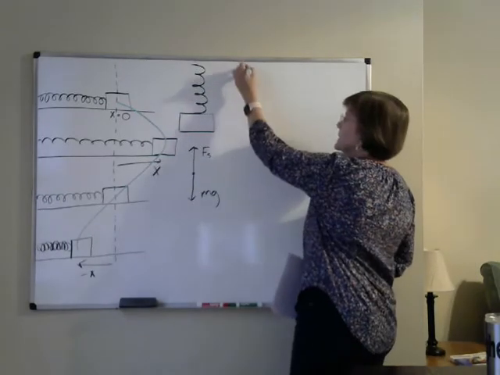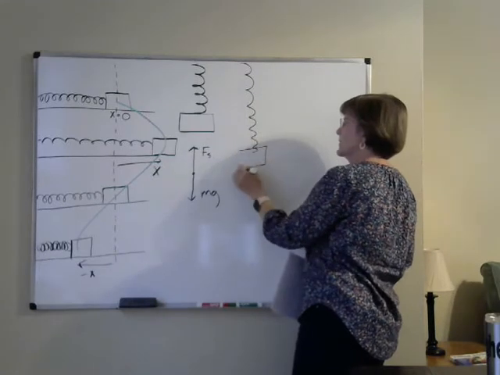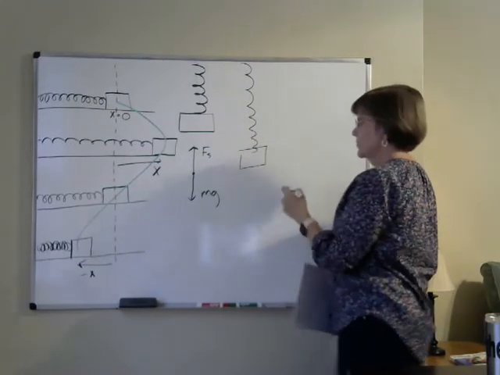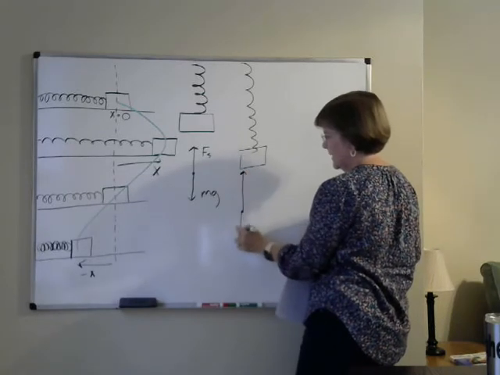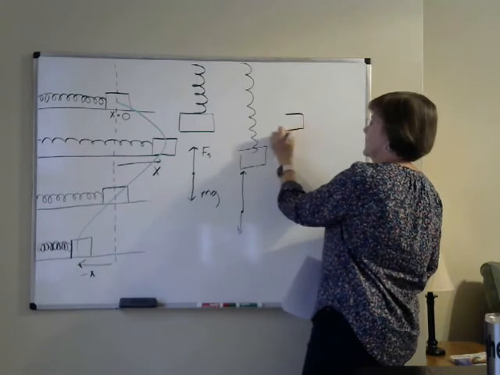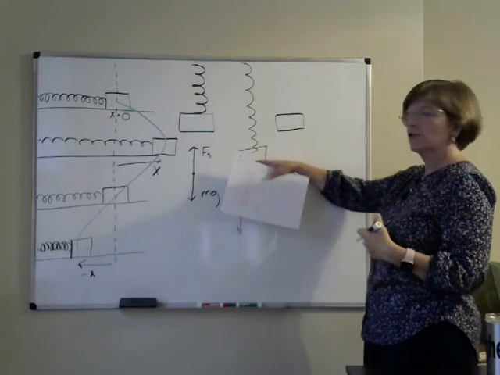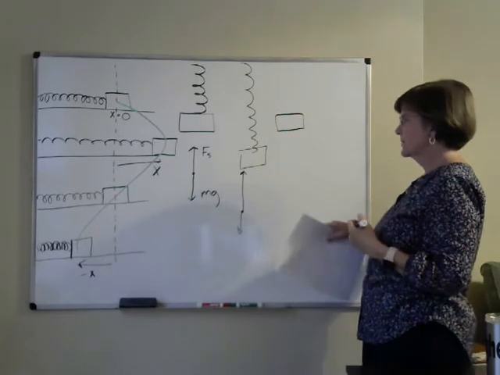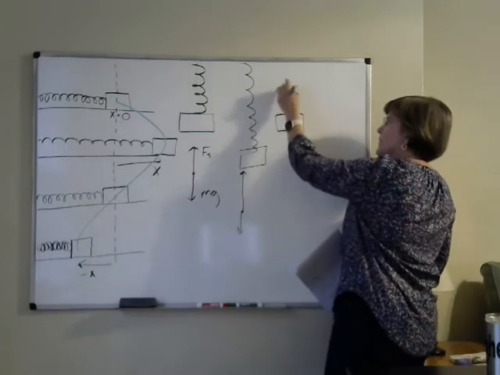If you pull this down, you stretch that out, it will experience a situation where the upward force is greater than the downward force, and it will accelerate back up. But when it reaches here, all of this potential energy from pulling it down is going to be kinetic energy, so it won't stop.